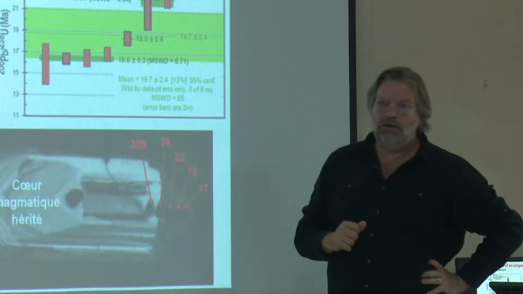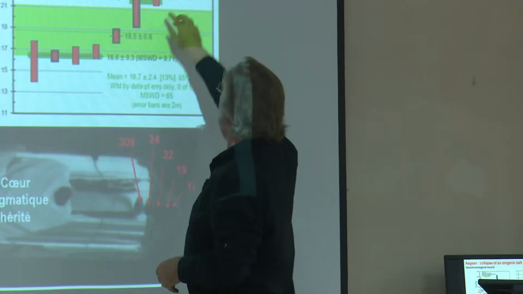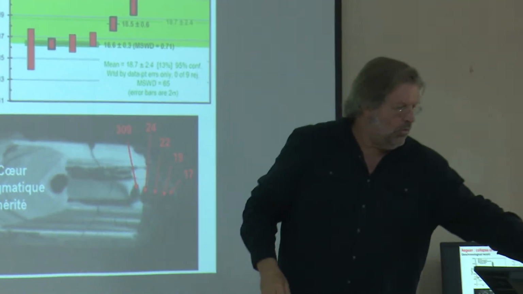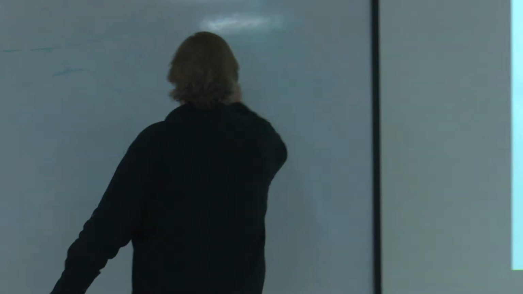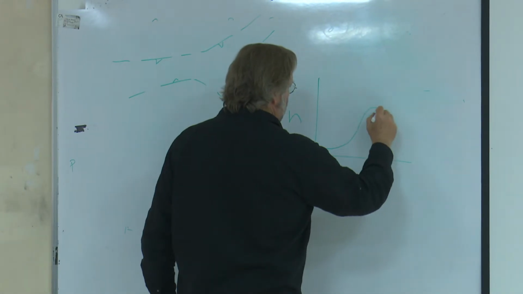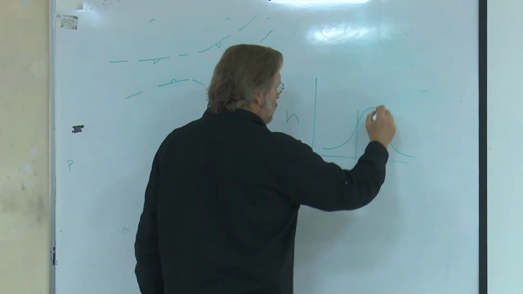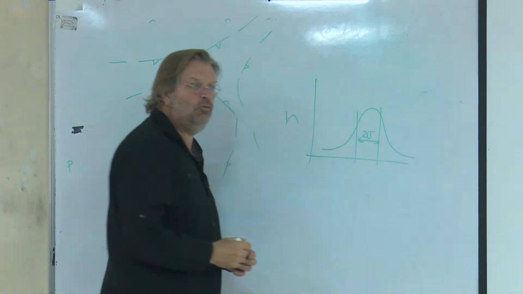The mean standard weighted deviation is a way to test if all these dates correspond to a single age. In other words, all your data points, n, should have a bell curve distribution, and you shouldn't go beyond the 2 sigmas that you consider for your mean standard weighted deviation.